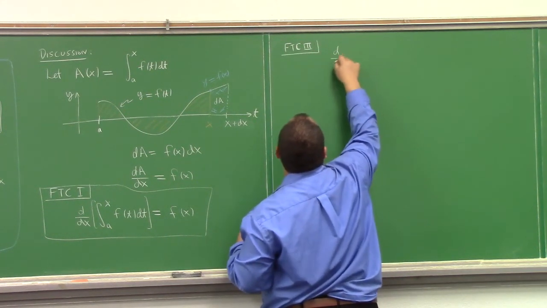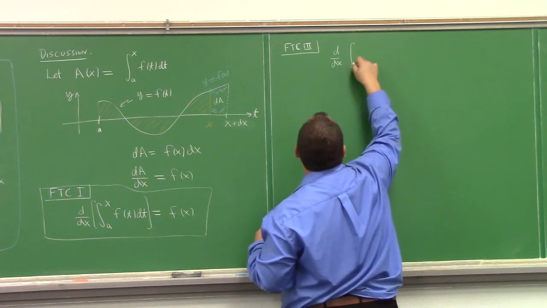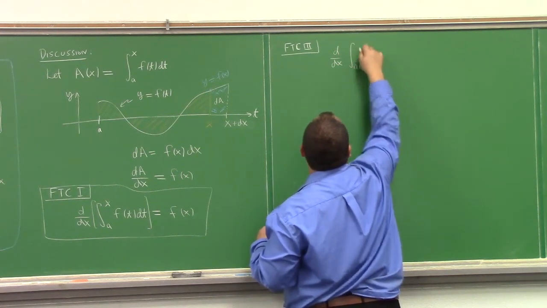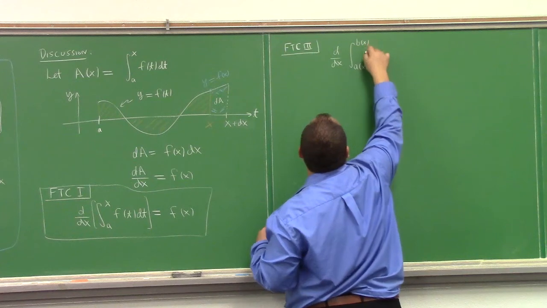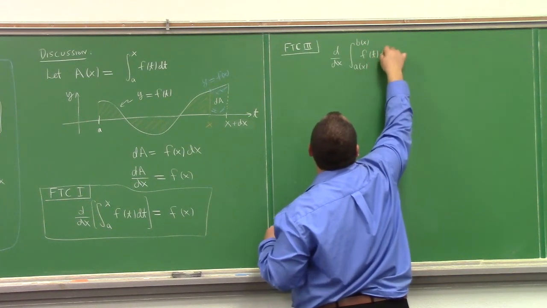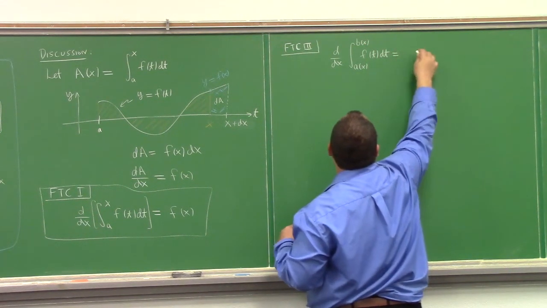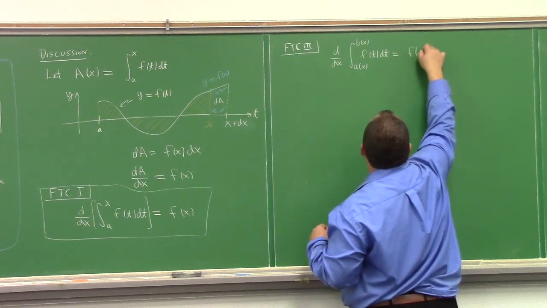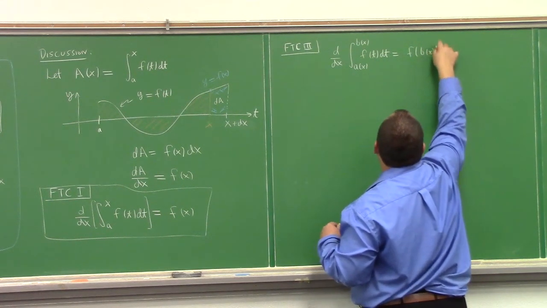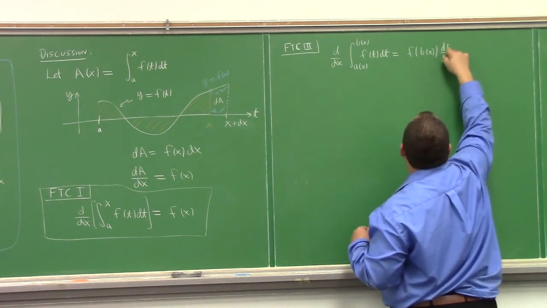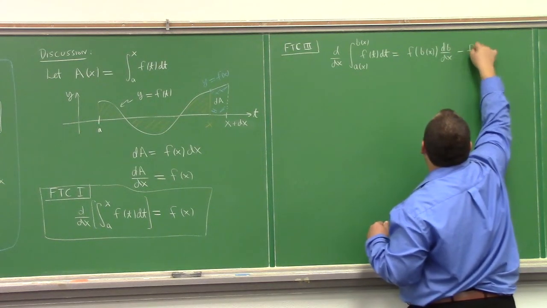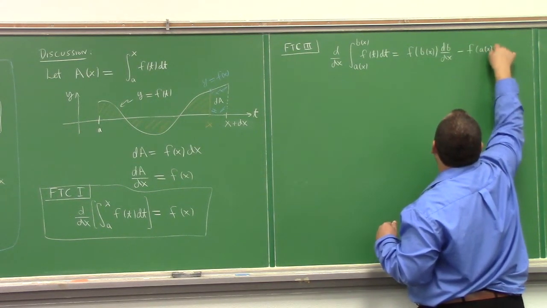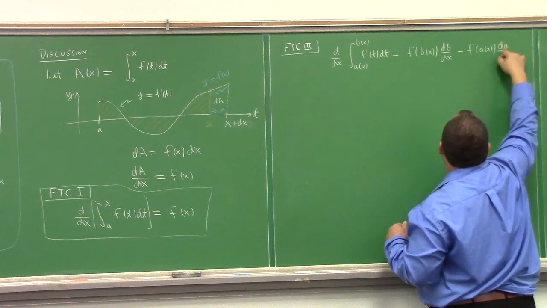But if you calculate the derivative with respect to x of the integral from a of x to b of x, f of t dt, that ends up being f of b of x times db/dx minus f of a of x times da/dx.